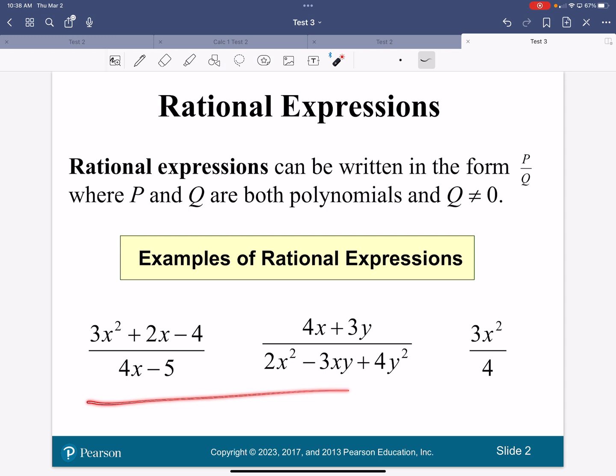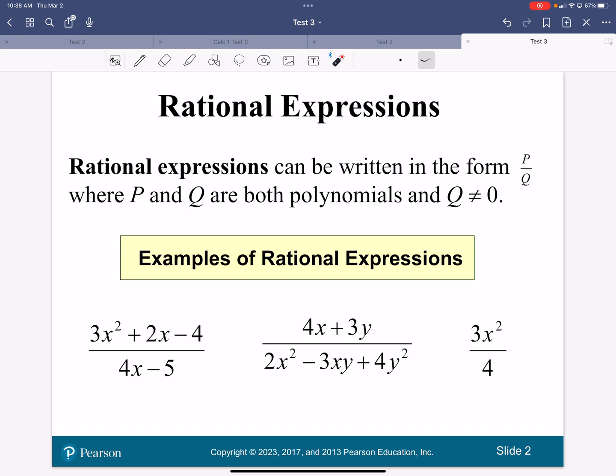And all of these are examples of rational expressions. Here's a polynomial that we know how to factor, and then we have a binomial in the bottom. And then we have a trinomial in the bottom, and we know how to factor these. So factoring is going to play a key role in rational expressions.